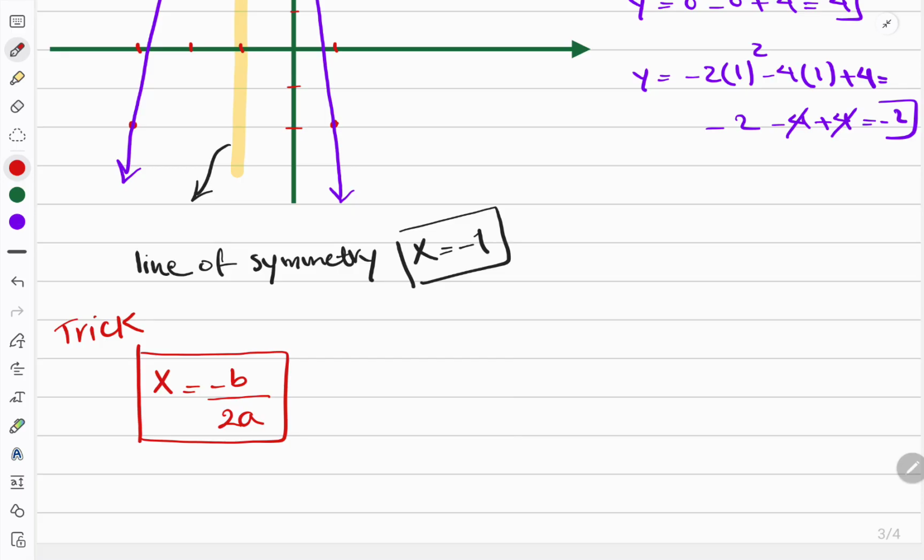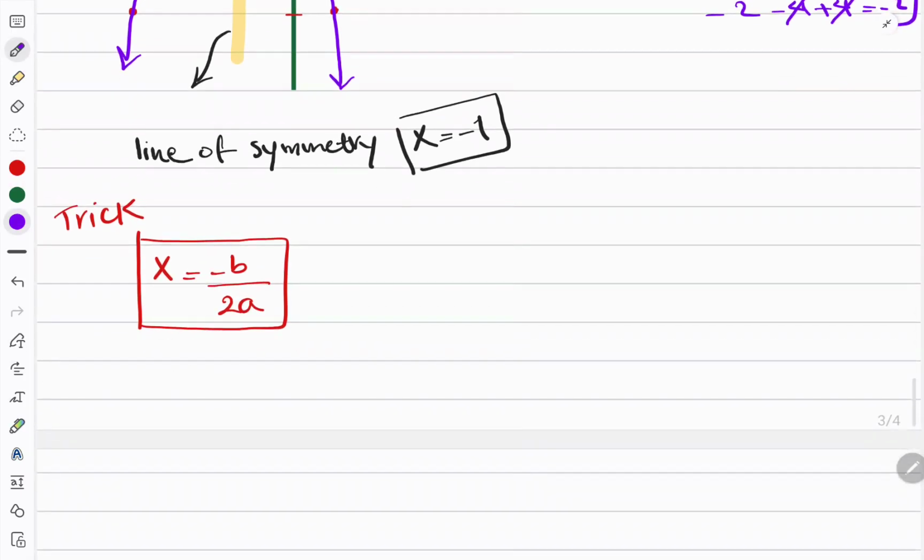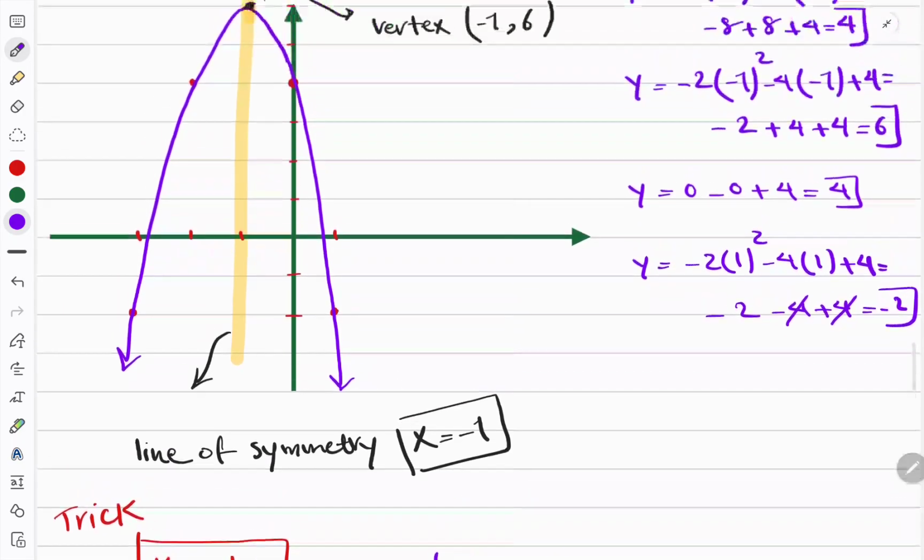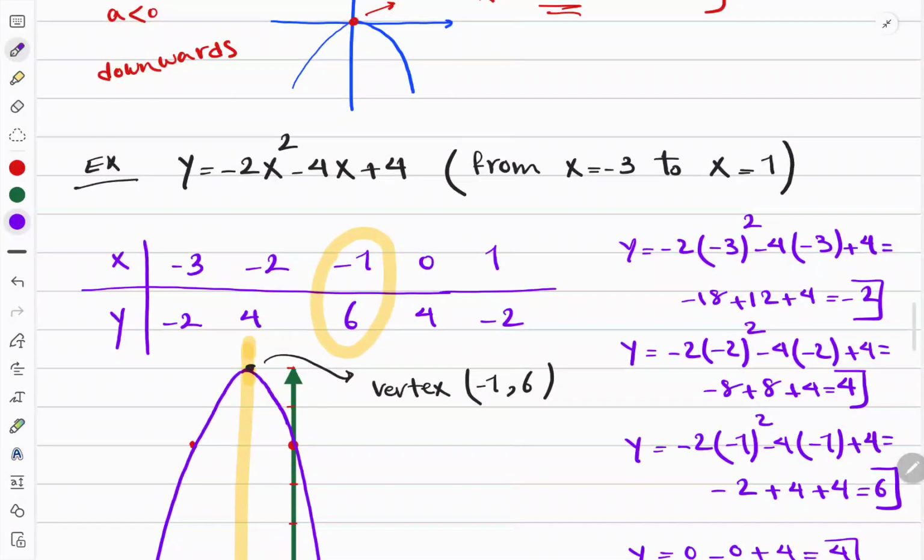So let me check if it works or not. Okay, so b is the coefficient of x here, -4, and a is -2.